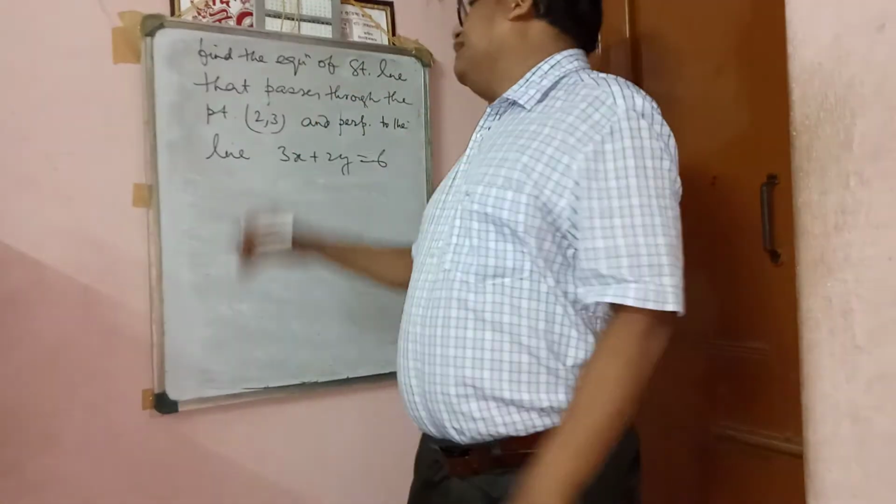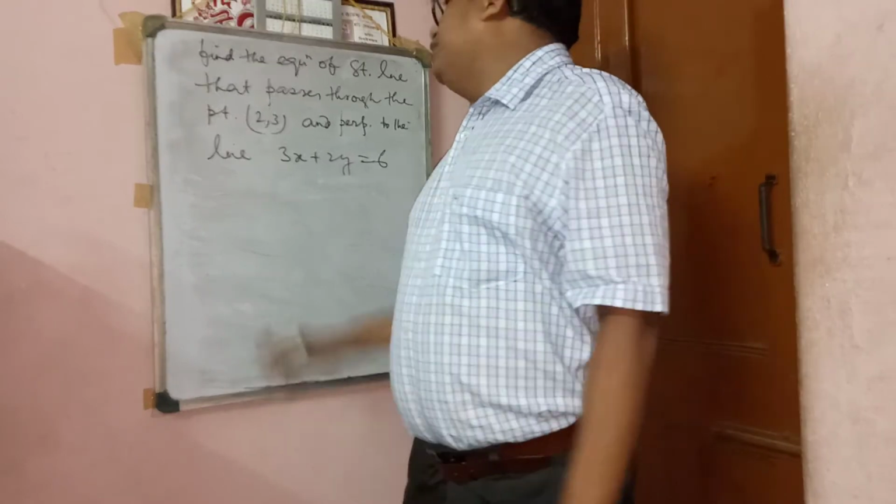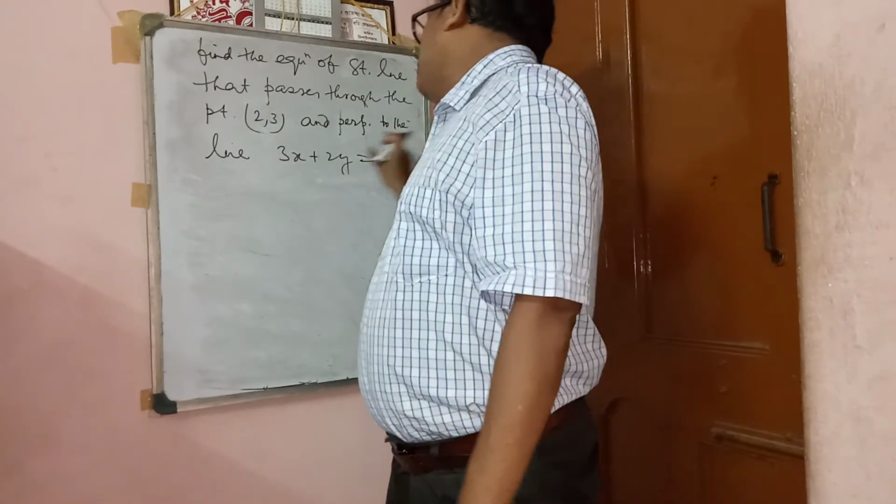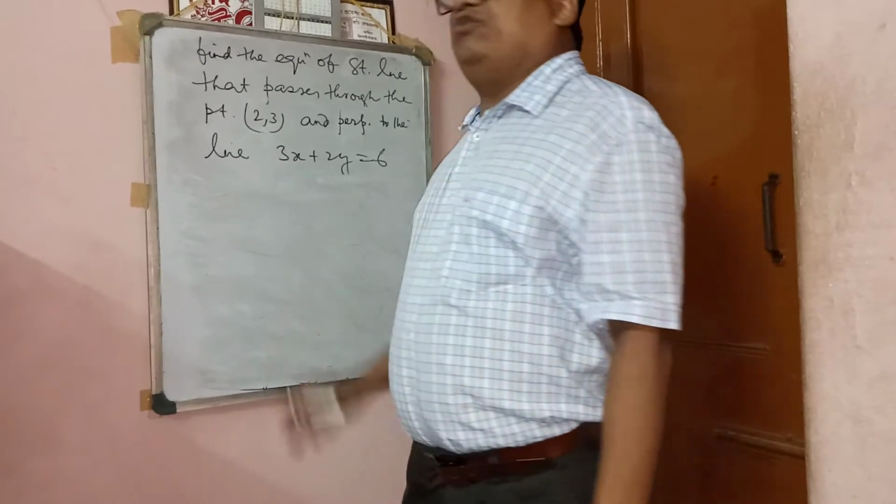Find the equation of the straight line that passes through the point 2, 3 and is perpendicular to the line 3x plus 2y equal to 6. Then how to solve? Do it now.